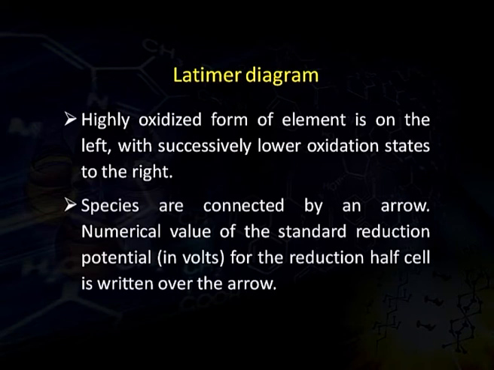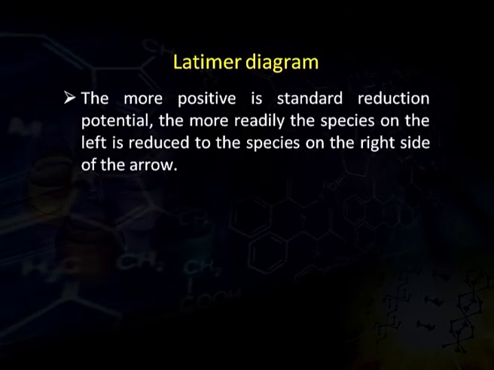Species are connected by an arrow. The numerical value of the standard reduction potential for the reduction half cell is written over the arrow with volts unit. The more positive the standard reduction potential, the more readily the species on the left is reduced to the species on the right side of an arrow.